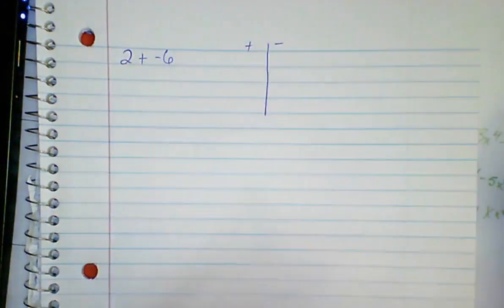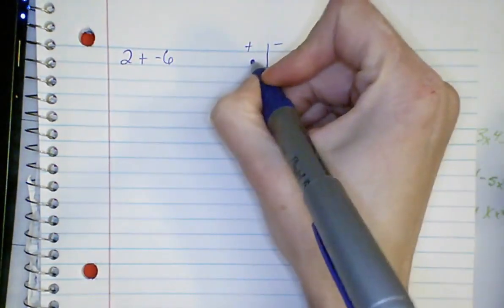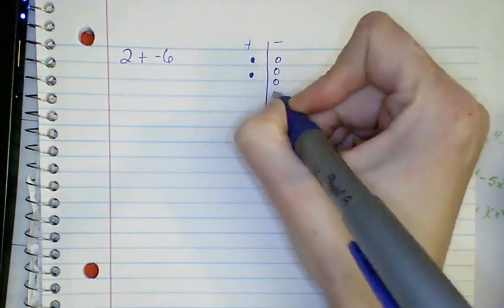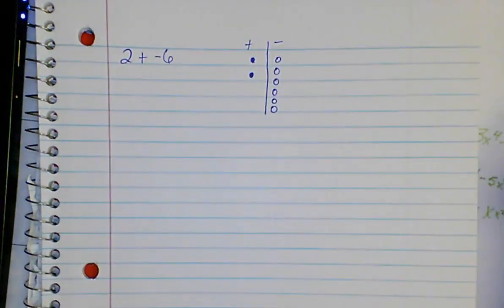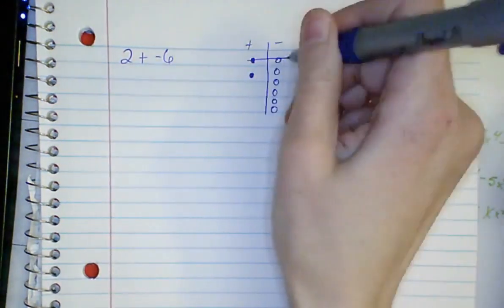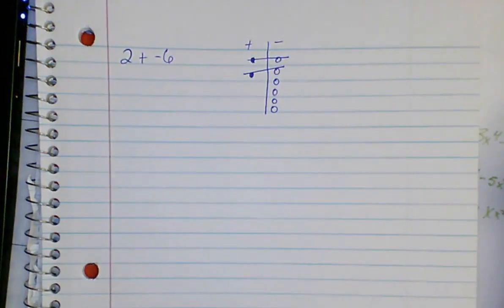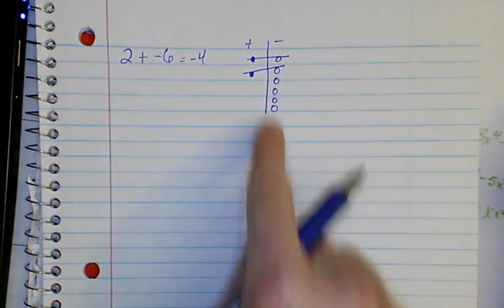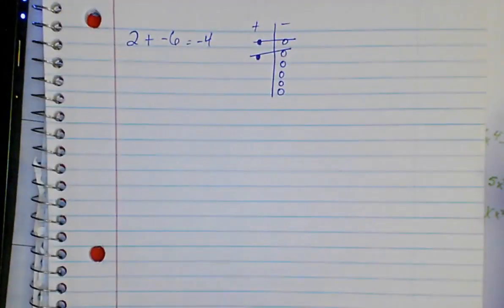If you have 2 plus negative 6, and if we have a battlefield and we have the positive numbers and the negative numbers here, we have 2 positive numbers and 6 negative numbers, the rule is they go head on head, one on one, so those two go away, and we're left with 4 values on the negative side.